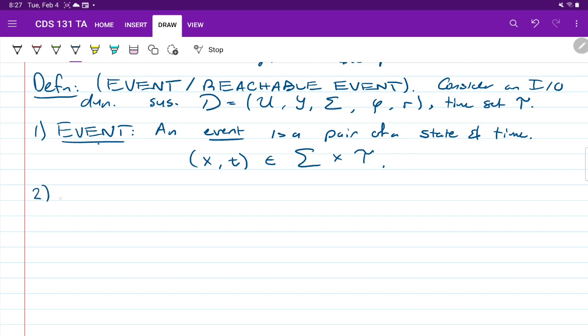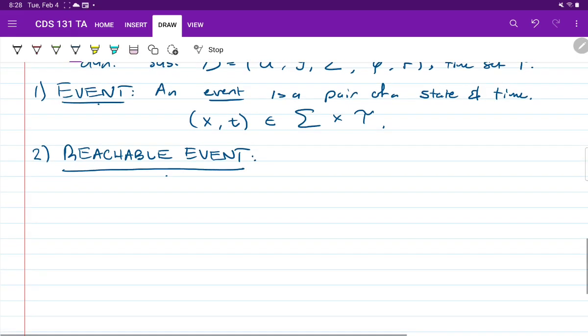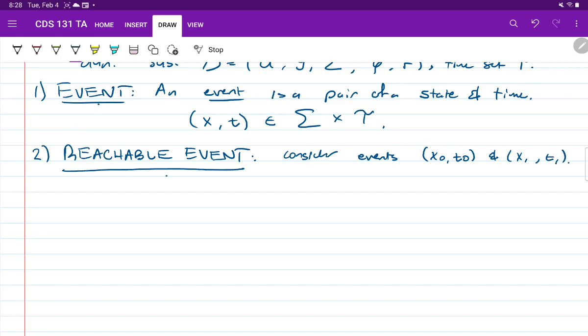Next I'm going to say what a reachable event is. Let's consider two events over here: the events x0, t0, and x1, t1. I'm going to say that x1, t1 is reachable from x0, t0 if there exists an input signal that transfers me from one to the other.